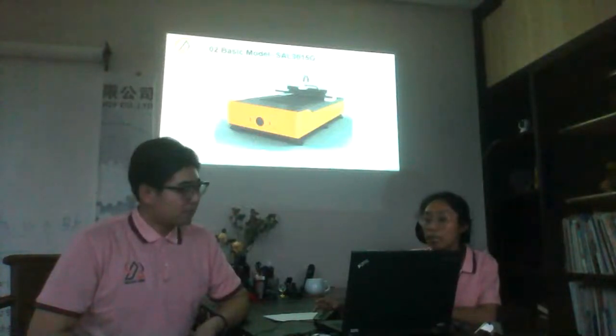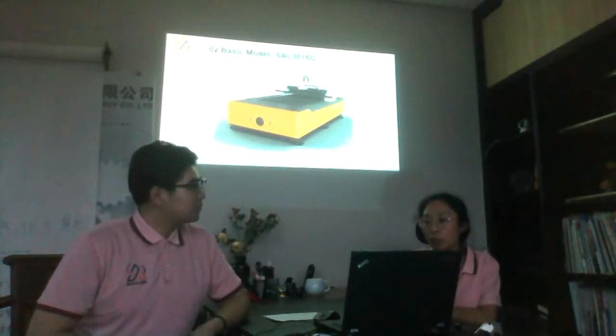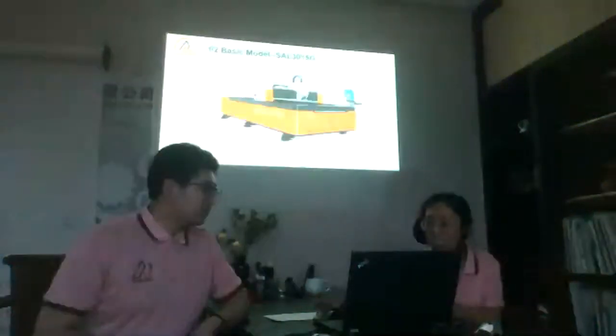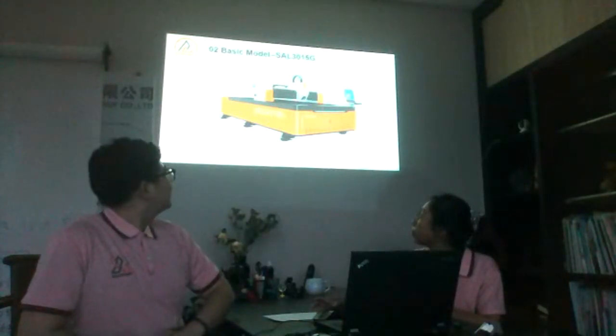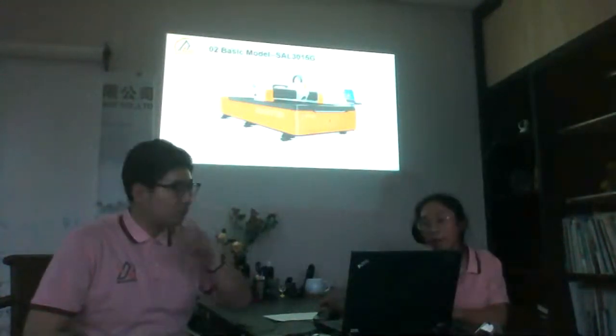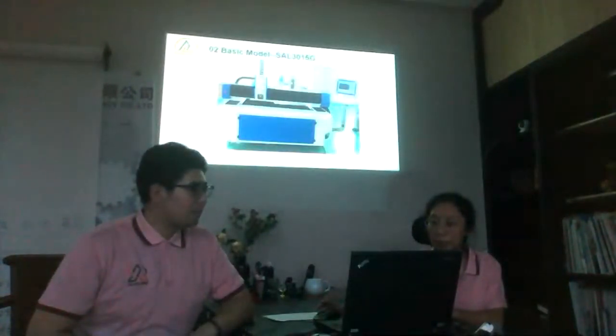This model of laser cutting machine has one work table, and we also have a double work table picture, with the blue wiring and other different appearance.